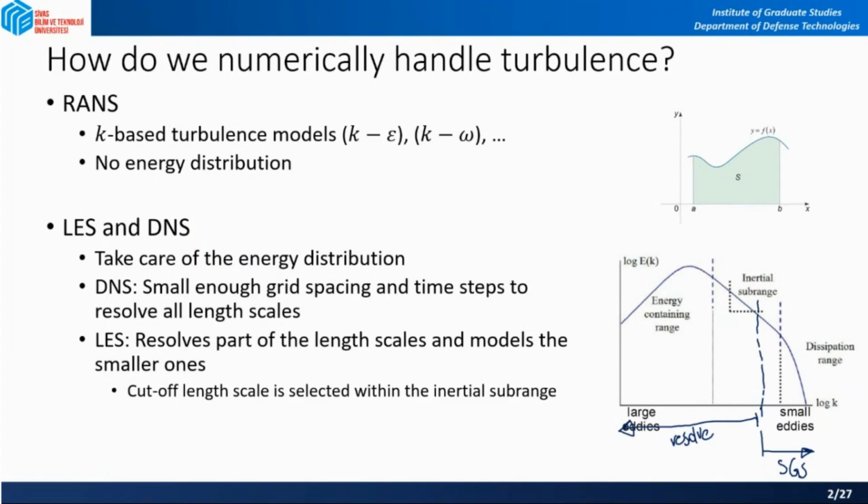And we know that the RANS-based models only solve for K, or turbulent kinetic energy, which is the area underneath here. Of course, if you ignore the energy distribution in RANS-based modeling, the results will be much less accurate than DNS and LES.